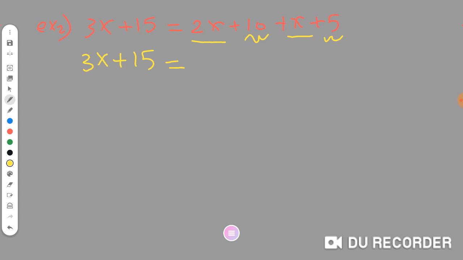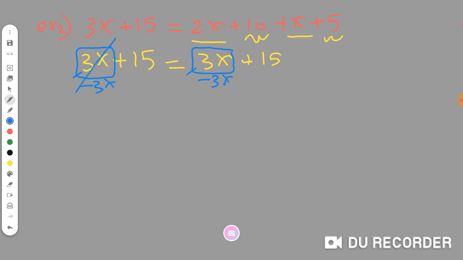So 2x plus x is 3x, and 10 plus 5 is 15. As you see, I will subtract 3x from both sides. Why do I do that? Because I see the same term, positive 3x and positive 3x.